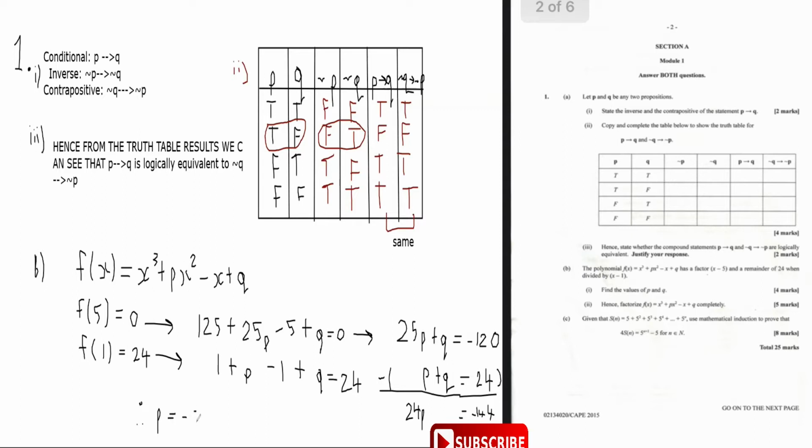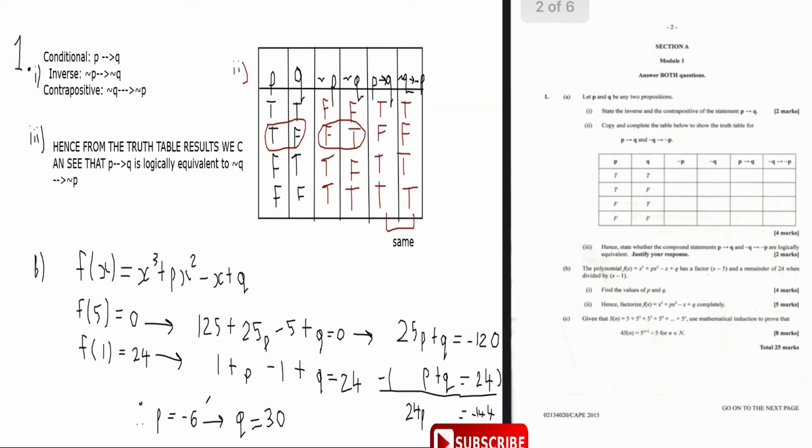Nice and easy. Now that we get p is negative 6, we can go ahead and substitute back into any one of these equations to find what is q. Since p is negative 6, I'm going to plug it into this one. p plus q is 24, and so q has to be 30, because 30 plus negative 6 is 24. So that implies that q is equal to 30. All right, so we found the values of p and q.